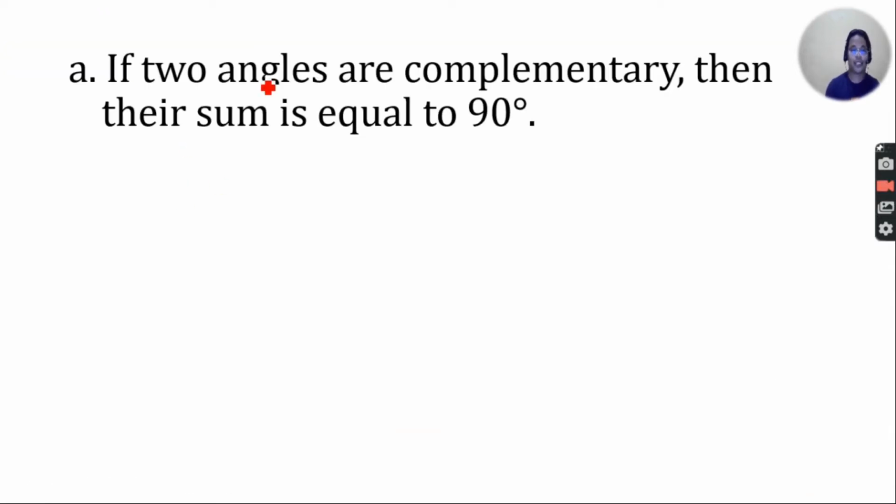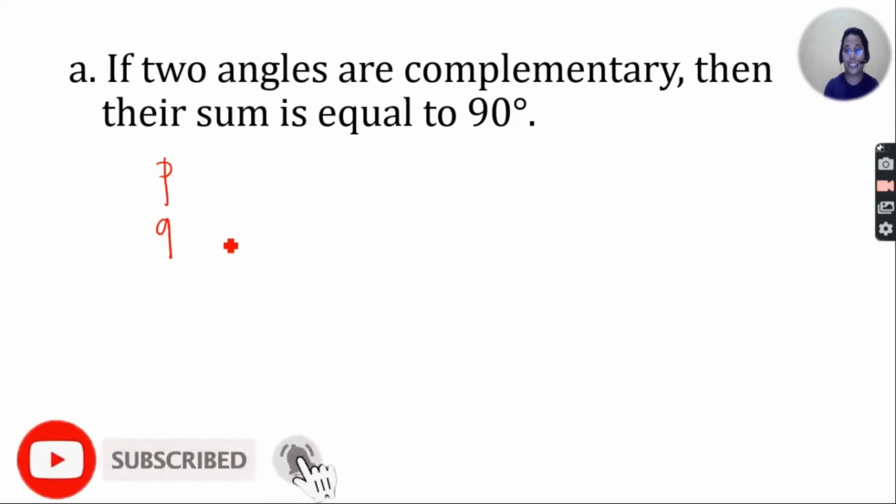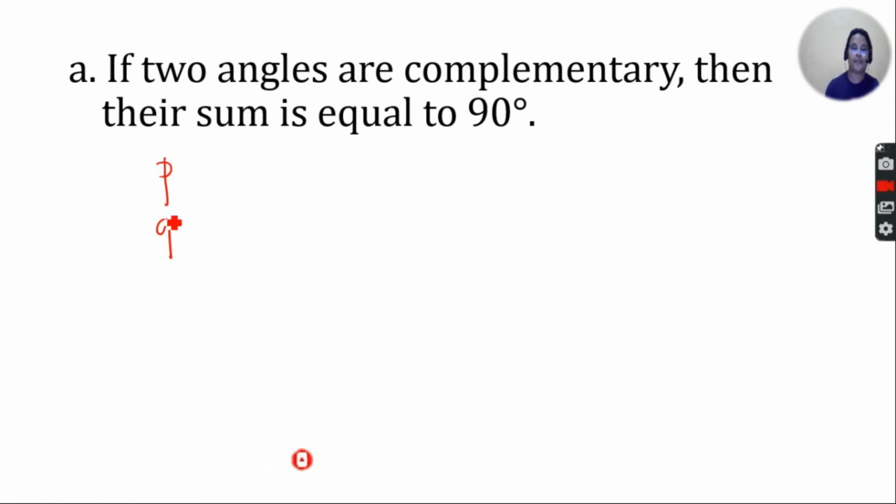So, ang converse, inverse, at contrapositive. Let's start first with the hypothesis. Ang ating hypothesis is P, and ang ating conclusion is Q. So, we are representing the hypothesis and the conclusion po. For our hypothesis, two angles are complementary.